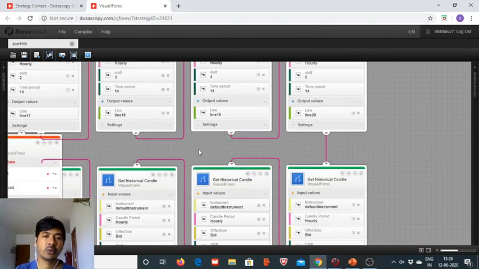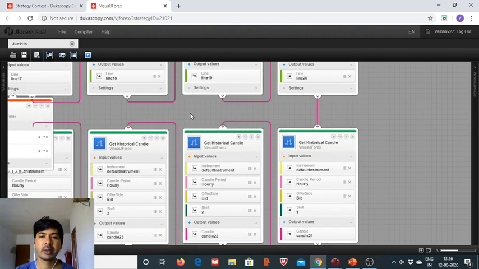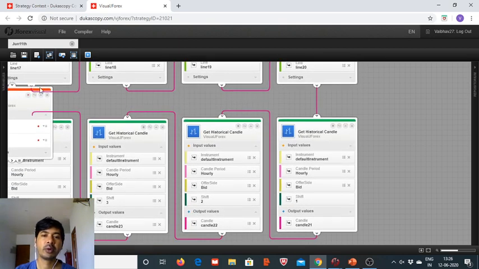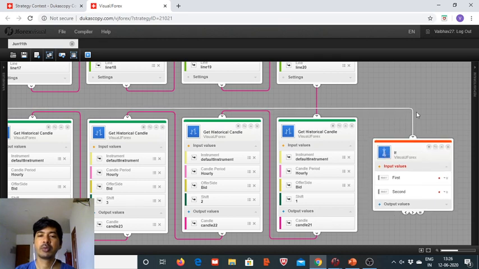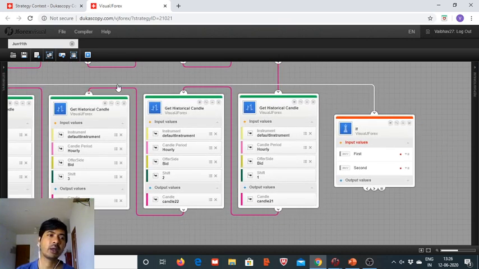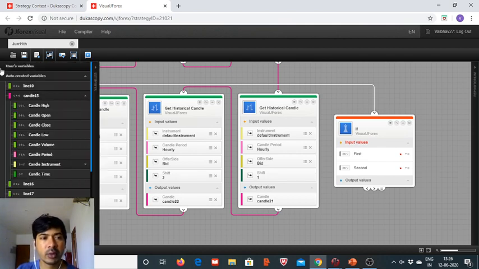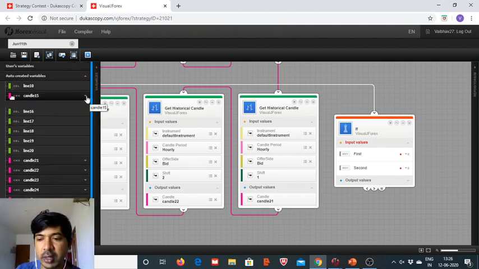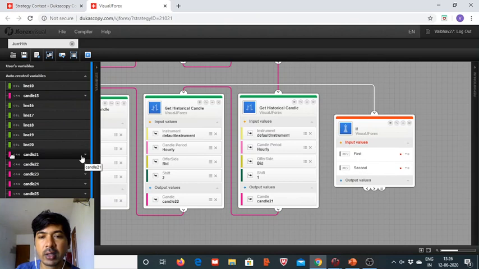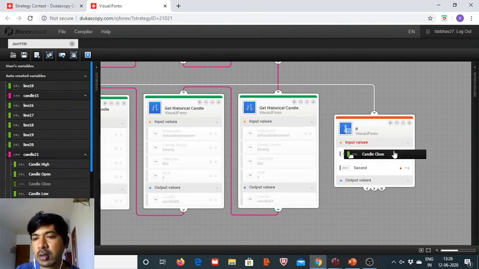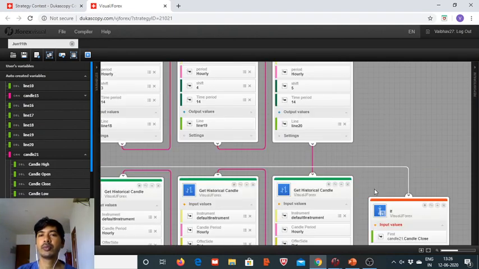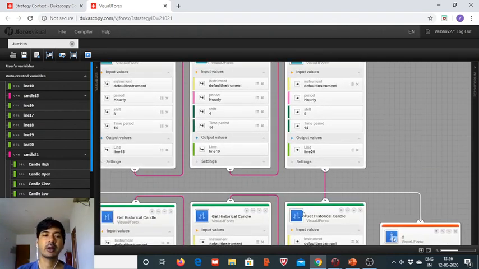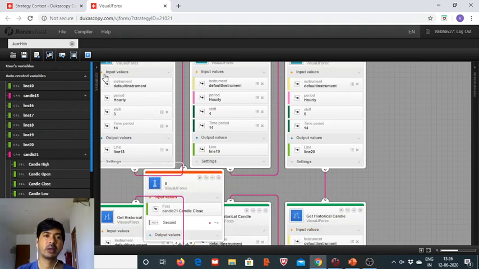So what we do is we go here, and we have to make sure that candle 21 has closed above. So we take into consideration candle 21's closing level, and we compare it to the last hour's linear regression intercept level.